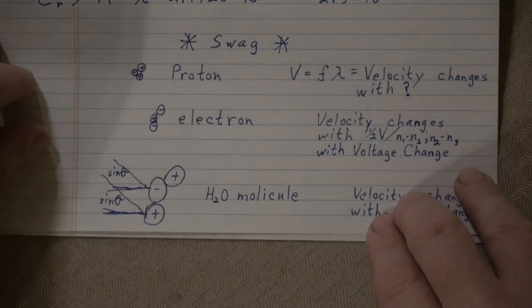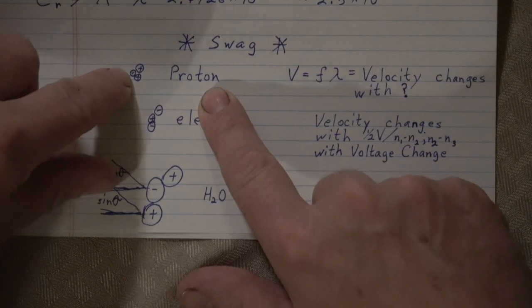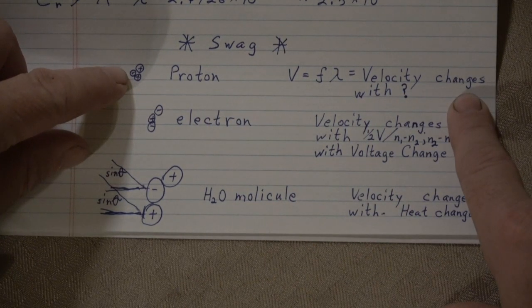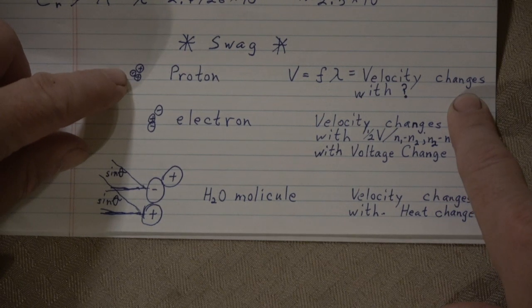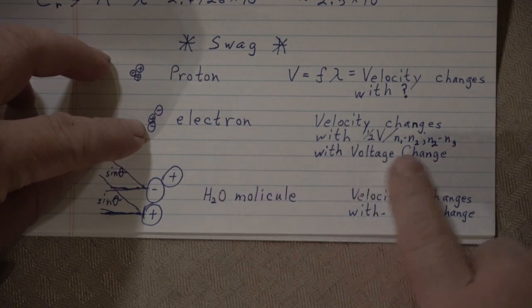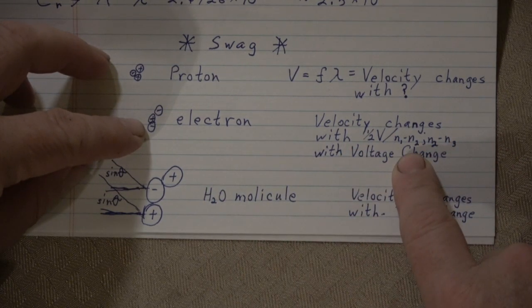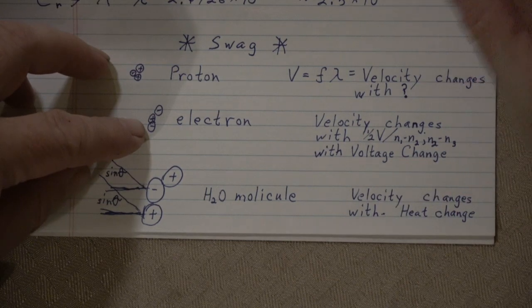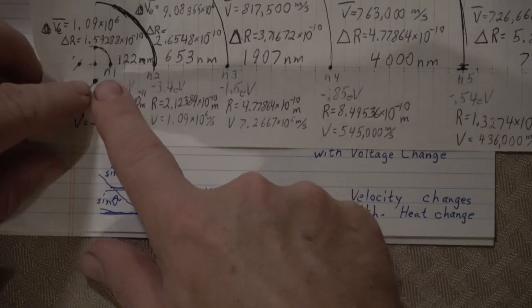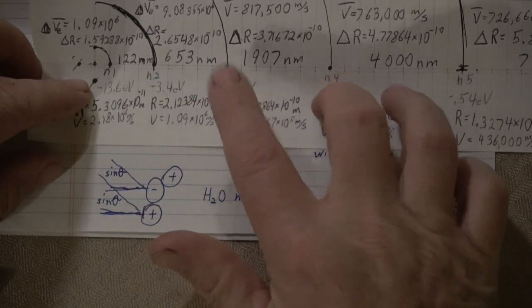Going back to swag, we have a proton, which is positive, positive, and a negative in the middle. Velocity changes with this, we have no idea, or at least I don't. Electron, velocity changes. When we go back to each one of these, N1, N2, N3, each one of these states, we have a velocity change.